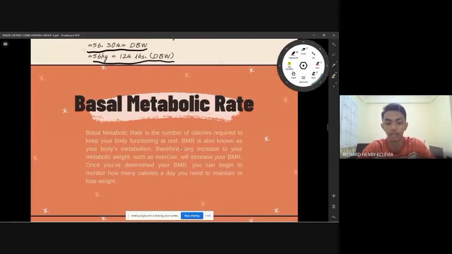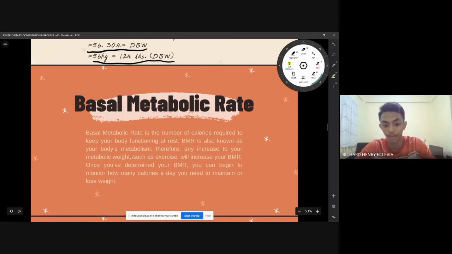Next step is to find the basal metabolic rate. Basal metabolic rate is the number of calories required to keep your body functioning at rest. Ito din yung energy needed natin para magawa ng body natin yung voluntary and involuntary functions niya like breathing, blinking, yung heartbeat, and etc. So BMR is also known as your body's metabolism.